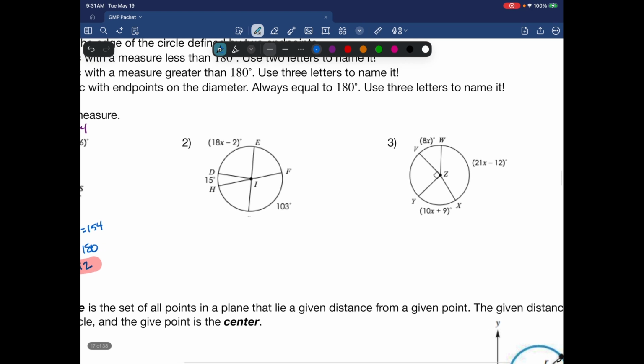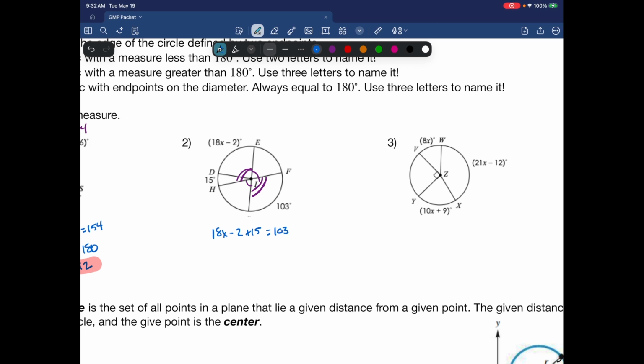On number 2, we have vertical angles here and here. You also know that this whole angle right here and this whole angle are vertical. So you could say 18x minus 2 plus 15 equals 103.